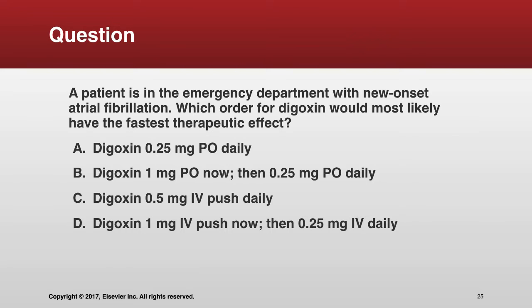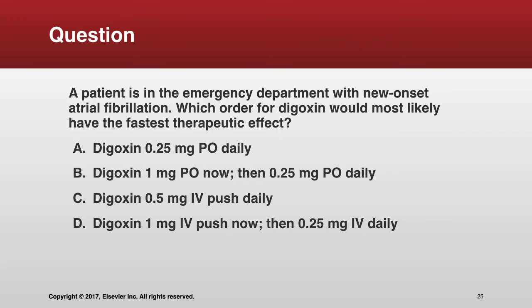If we give 0.5, and we're not giving any kind of loading dose, then it's not going to have its therapeutic effect as soon. Remember that whole half-life and how things slowly increase up to the therapeutic dose, and then it kind of varies slightly around that therapeutic level that you want it to have.